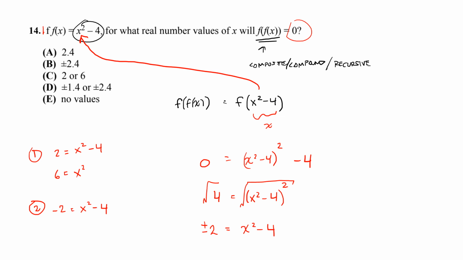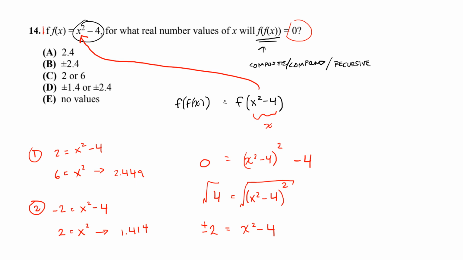If we add 4 to both sides, we get 2 equals x squared. Just by square rooting, we can find the answer to this question. So the square root of 6 is about 2.449. And the square root of 2, again, just putting these in my calculator, is 1.414.